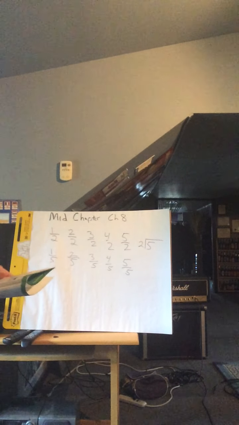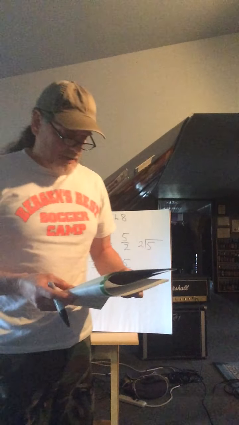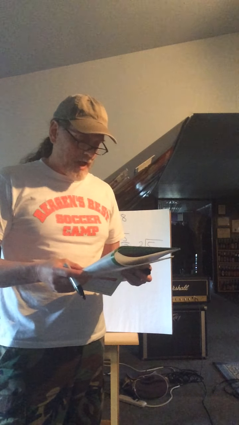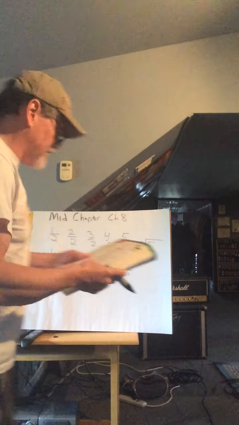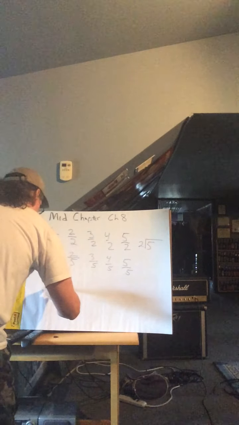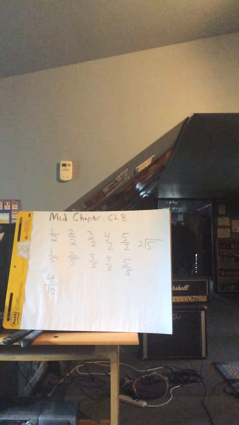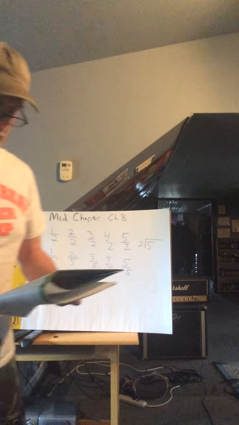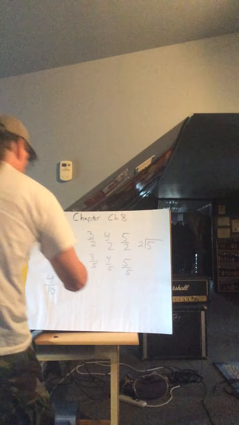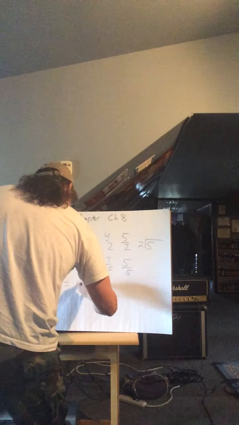Let's move on to the next few problems. It says, write the fraction as a product of a whole number and a unit fraction. It gives us a fraction of 4/10. The hint here is to look at the numerator. The numerator is a 4, so we use that as our whole number.